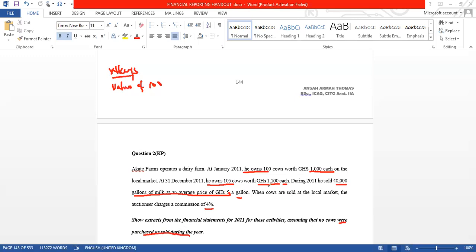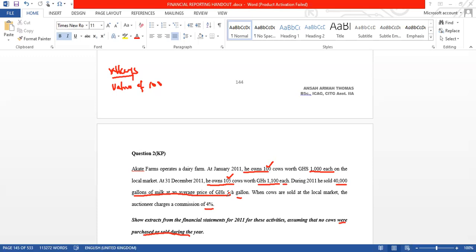So what we need to understand is that he owns 100 cows at the beginning of the year. At the end of the year, the number has grown to 105. So it means that for this growth to happen, probably they gave birth. All right, they gave birth.